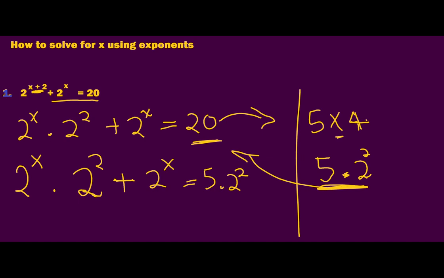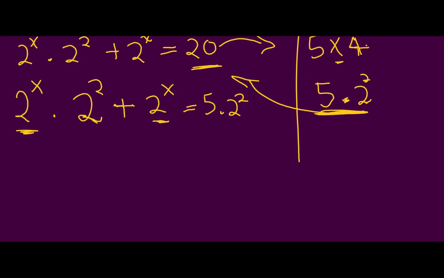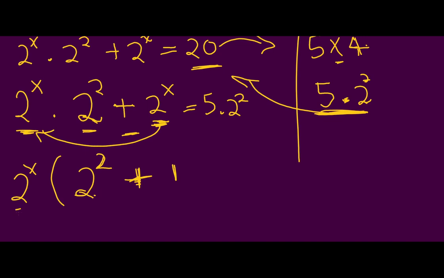Then from here, I'm going to take the common factor out and simplify this side. So we have 2 exponent x times, into this value, sorry, 2 to exponent 2 plus 1, because I took the 2x to the outside, as you can see here, so I'm left with 1.